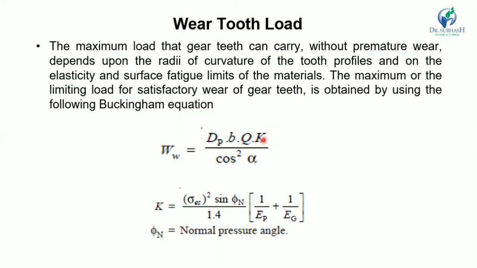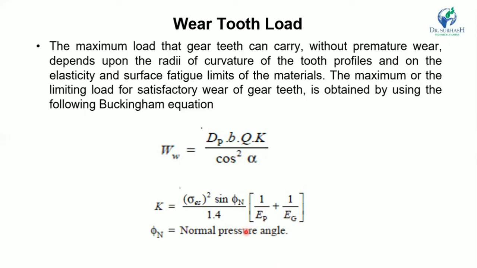The value of K is given by the equation sigma ES² sin phi n, where phi n is the normal pressure angle, by 1.4, into (1 upon EP plus 1 upon EG).